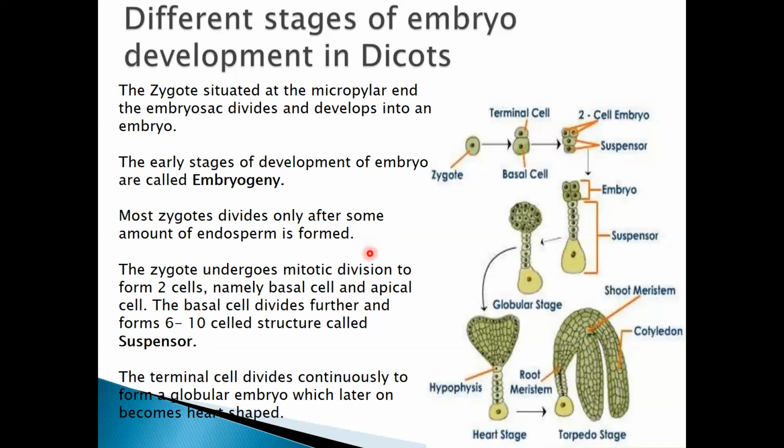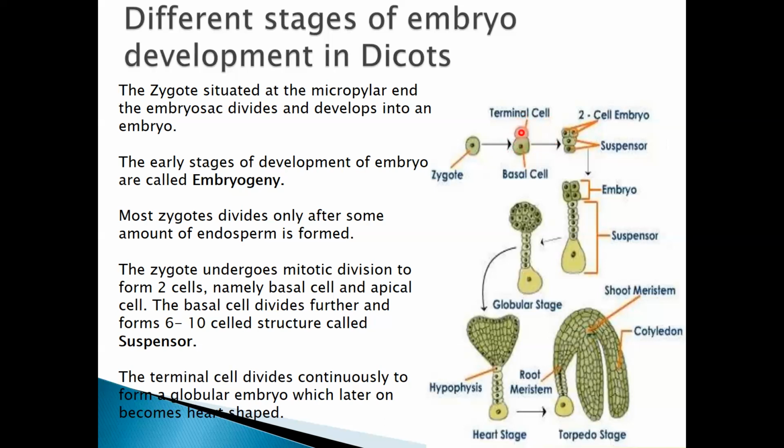See here, students. I will explain this part to you here. So the zygote undergoes mitotic division. Mitosis, you know, equational division. When the zygote undergoes equational division, it will form two cells. How many cells? Two cells, namely the basal cell and the apical cell or the terminal cell.